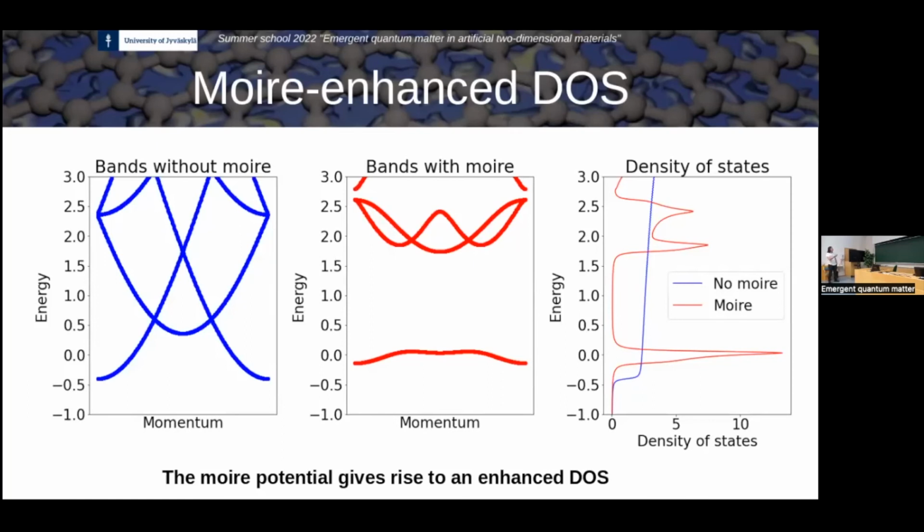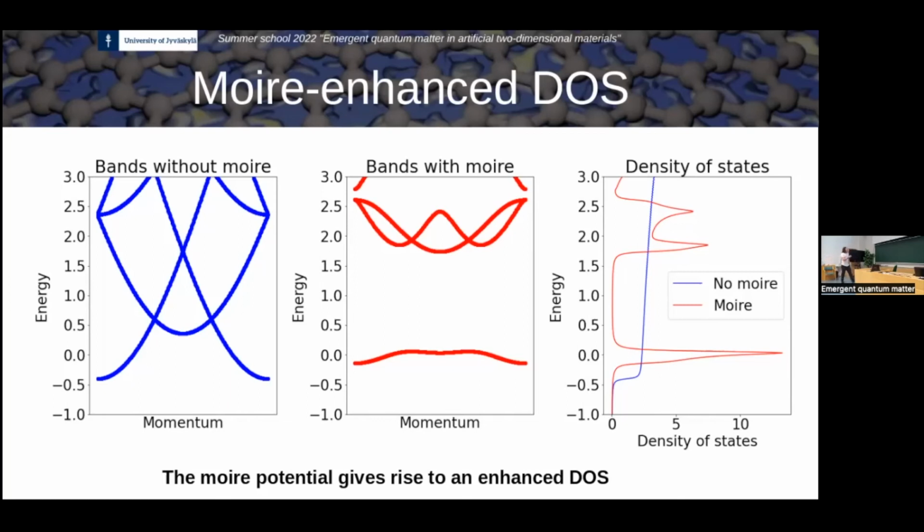But now when you switch on the moire, we saw that we got nearly flat bands. And now when you compute the density of states of this twisted TMDC with these nearly flat bands, what you see is that your density of states is way, way higher, and even diverging at some point due to the Van Hove singularity of this mini band here. And this is the whole trick of this story.